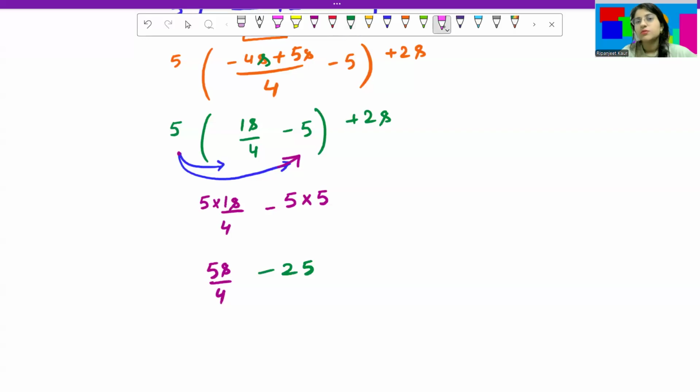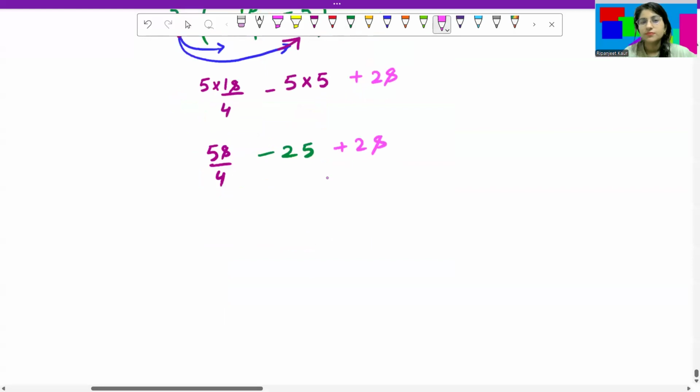And what about the plus 2s? When you distribute 5 into negative s, it's negative 5s, I meant.